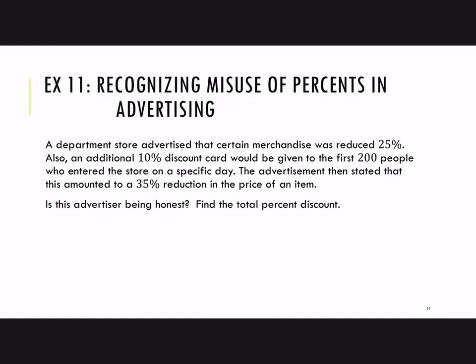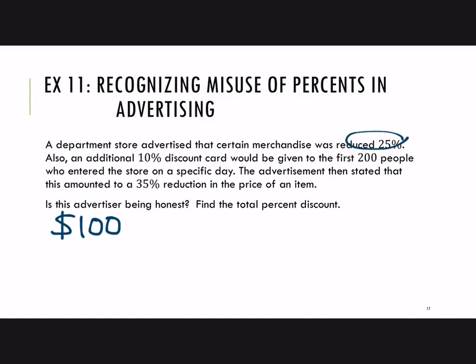All right, so let's try this out. And we don't really have a purchase price for an item in the store, so let's just choose one. And let's go with $100. That one's a nice rounded number to work with. Okay, so let's say you're buying a $100 item. So first of all, it was reduced 25%.